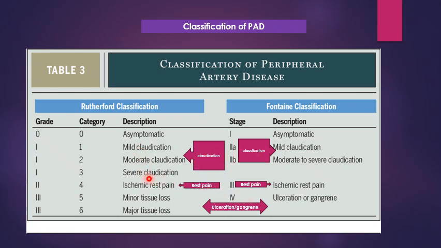As the disease progresses, the claudication becomes more severe until rest pain develops, where even at rest the patient gets pain. And lastly, the most severe form is when there's tissue loss, with ulceration or gangrene setting in with sepsis. So basically, four stages, as I mentioned in my earlier slide.